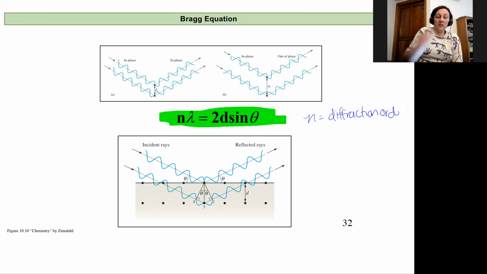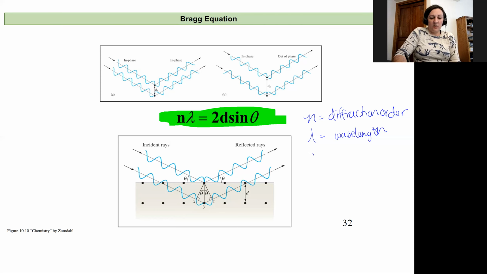This will be given to you for the most part in this class, especially. We'll get more into what the diffraction order is and how we use it in upper division classes. The lambda is going to be the wavelength of our X-ray beam, typically given in something like picometers.